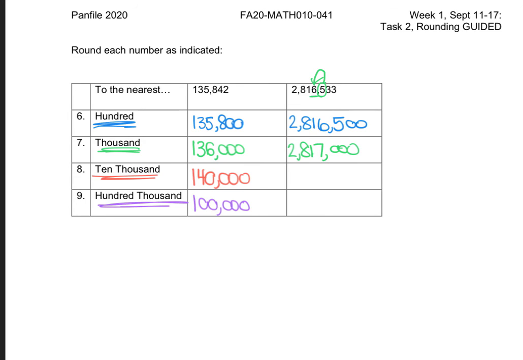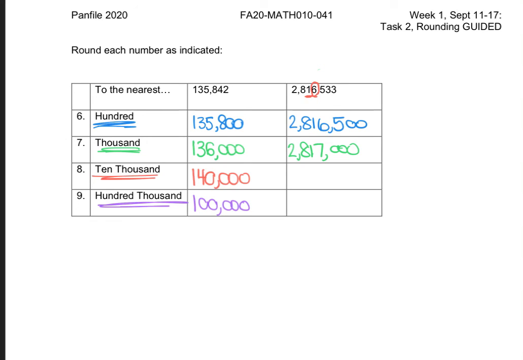Okay. 10,000. 10,000 is the 1, and we look at the 6. Remember, on a problem like this, we're always going back to the original. We're not rounding off of the one that is already rounded. We're going back to the original problem, okay?